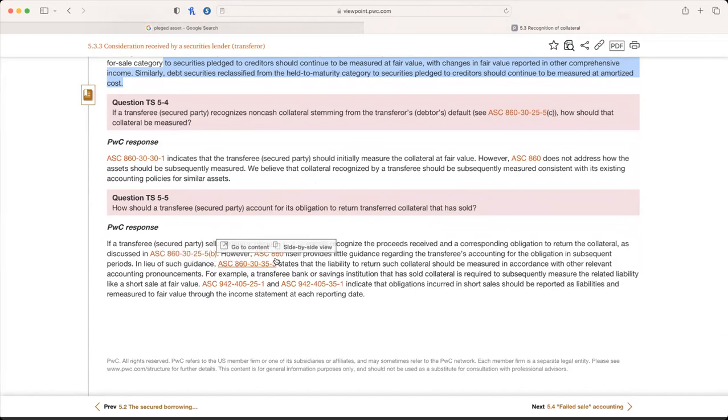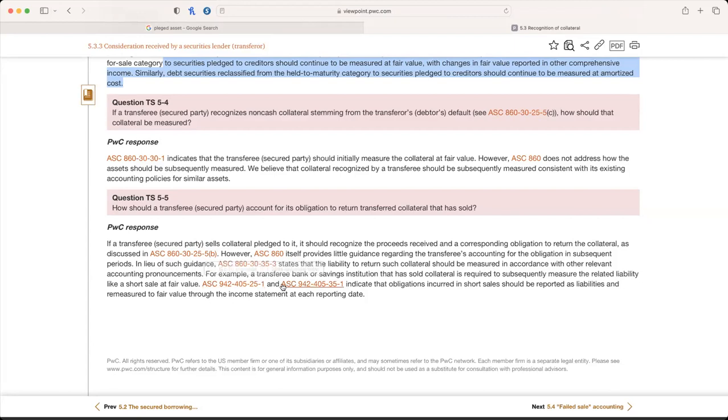However, ASC 860 itself provides little guidance regarding the transferee's accounting for the obligation in subsequent periods. In lieu of such guidance, ASC 860-30-35-3 states that the liability to return such collateral should be measured in accordance with other relevant accounting pronouncements.